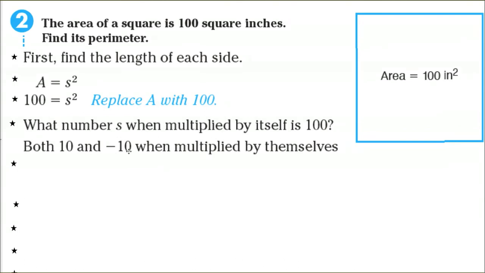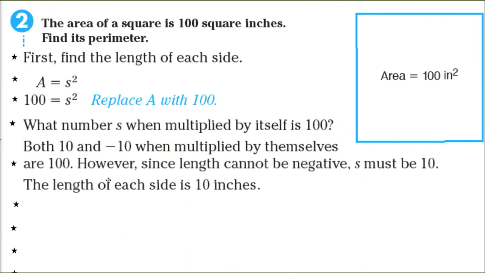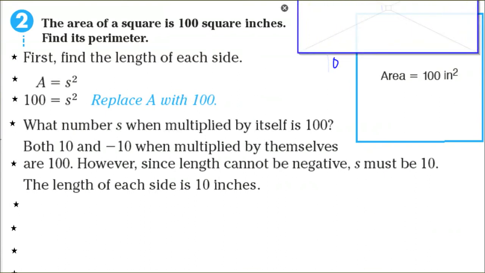Both 10 and negative 10, when multiplied by themselves, are 100. Now the problem is, since length cannot be negative, there is no such thing as a negative length. S must be equal to 10. The length of each side now is 10 inches. By knowing the formula for area, we can find the length of each side. This now becomes 10 inches for each side.